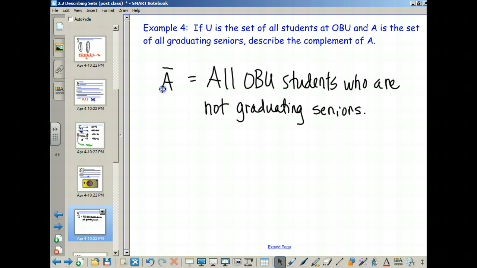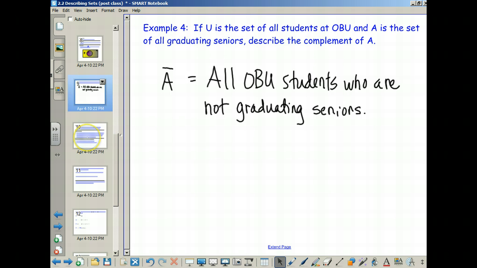Okay. So it probably would include most freshmen, sophomores, and juniors, right? Probably would include some seniors who still aren't graduating. Okay, but we want to be all inclusive in the most concise way possible. So we're going to go with that.